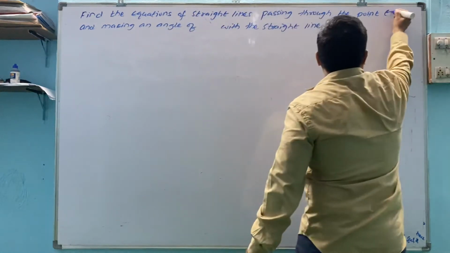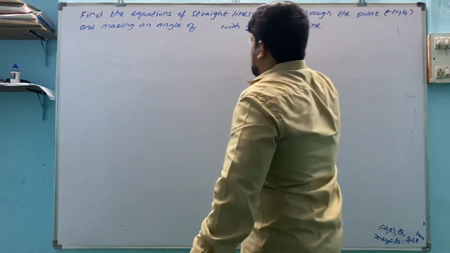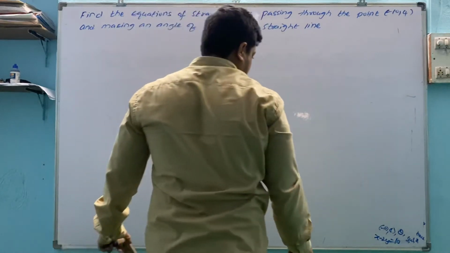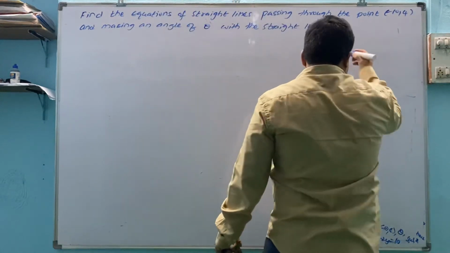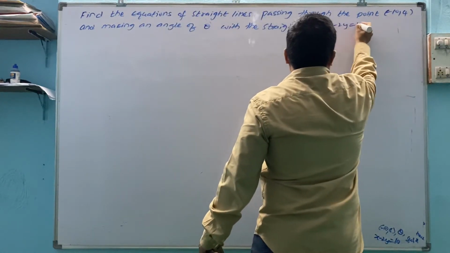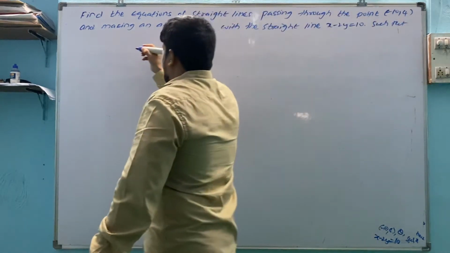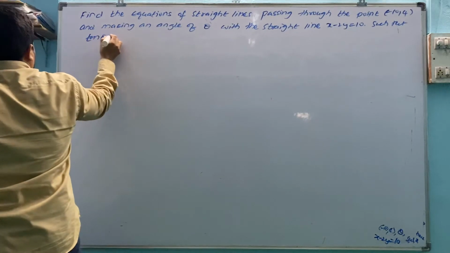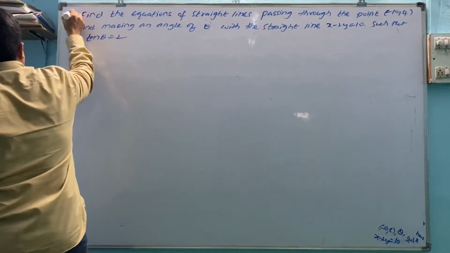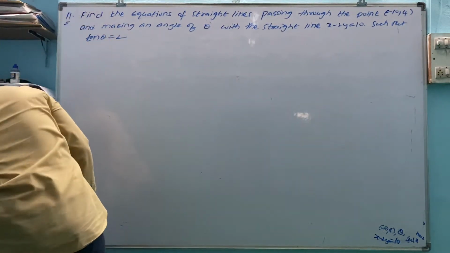Minus 10 comma 4, making an angle theta with the straight line x minus 2y is equal to 10, such that tan theta is equal to 2.